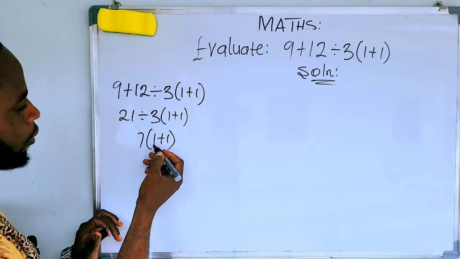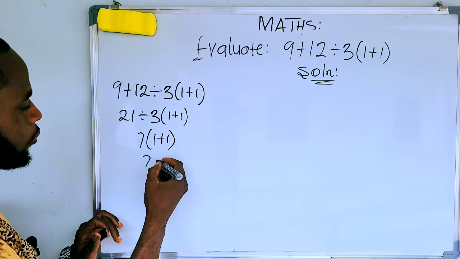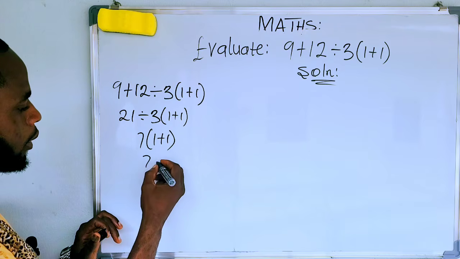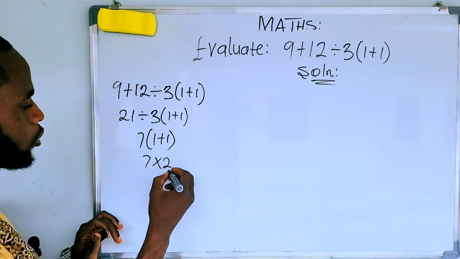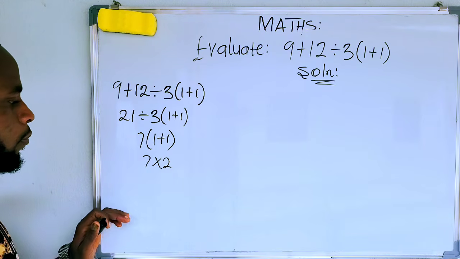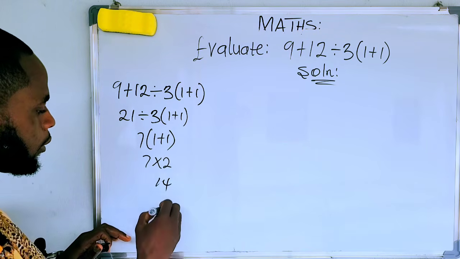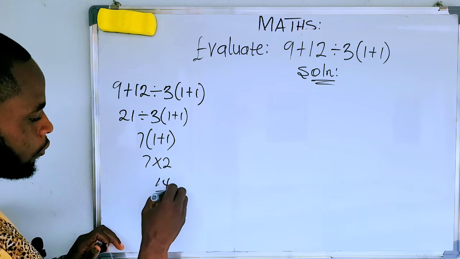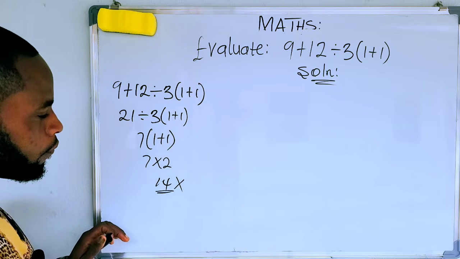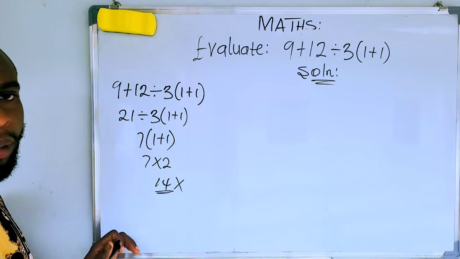Then, to simplify this, we have 7, 1 plus 1, that gives 2, and that is multiplication. Now, 7 times 2, that gives 14. But this answer is wrong, and this is the wrong approach.